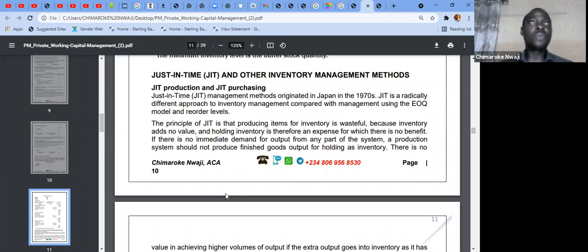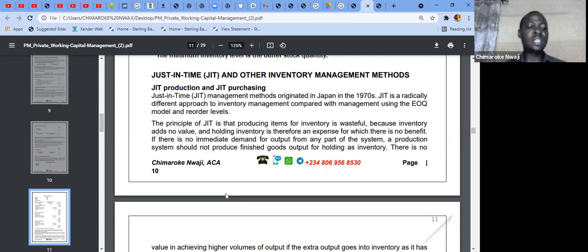If you have more inventory, it adds no value to the company, but represents an expense because you have holding costs and ordering costs. Ordering cost is not that wasteful because either way you must incur cost in ordering. What about holding costs?